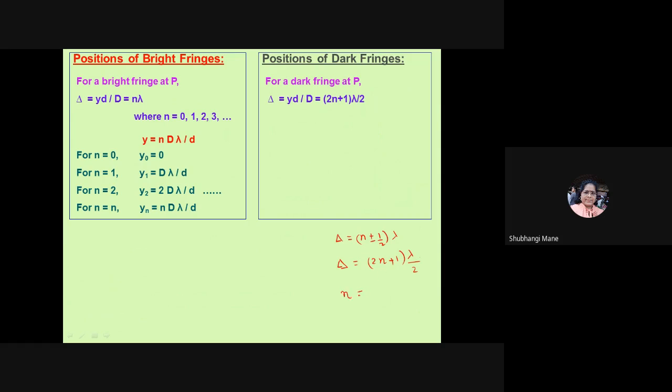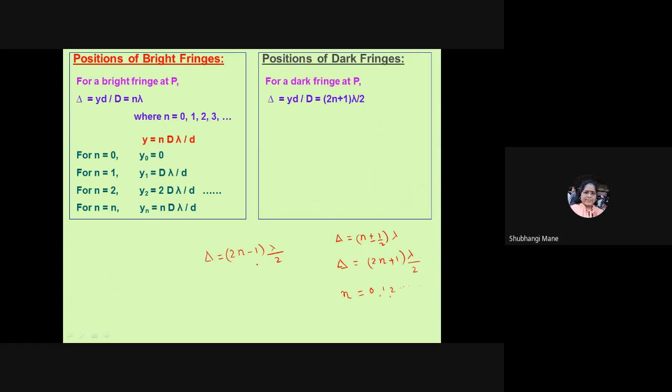If n starts from 0, 1, 2 and so on, to observe first order spectra, second order spectra, third order spectra, then we should take this condition. If n starts from 1, we take (2n minus 1) into lambda by 2. This is the condition for dark fringes.